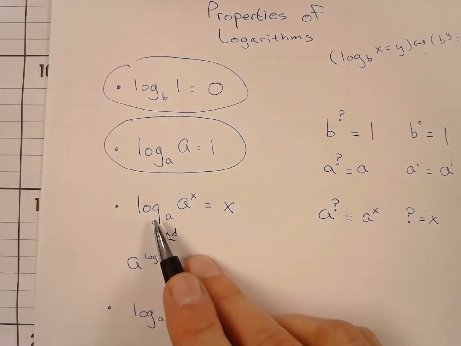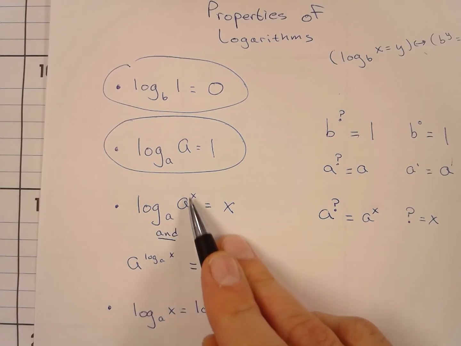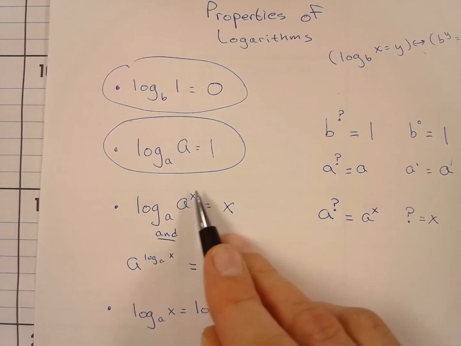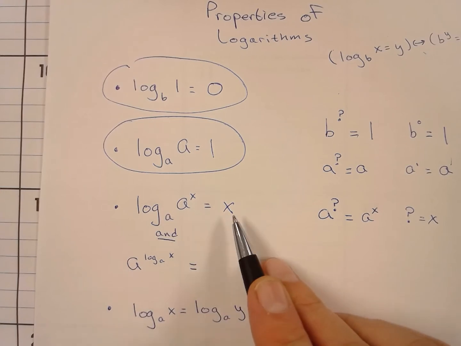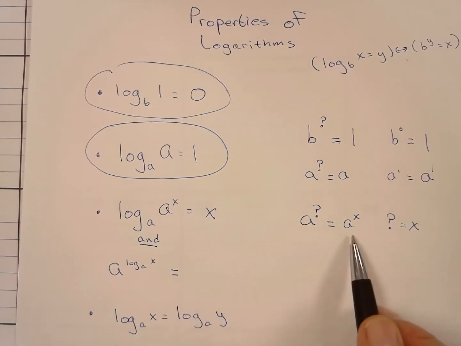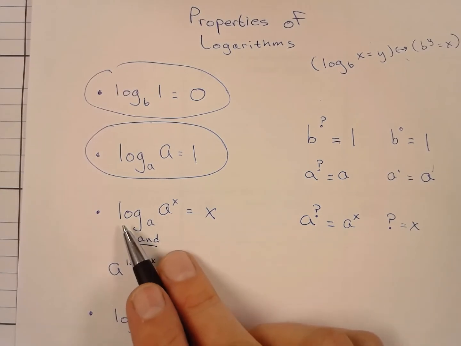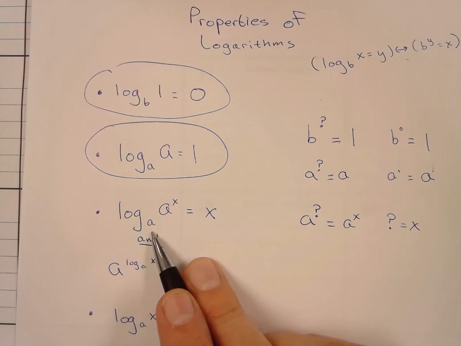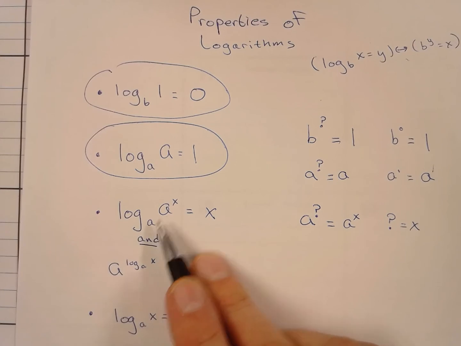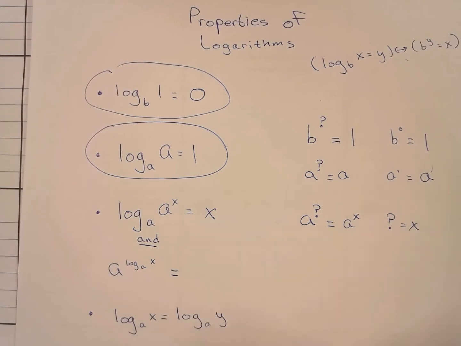If you have the logarithm of some base of that same base raised to some other exponent, this whole expression is the exponent itself. And because of the definition of what logarithms are, this is asking you, what is the exponent a is raised to equal a to the x? And when you phrase it like that, then it's fairly obvious. It's just plain old x.